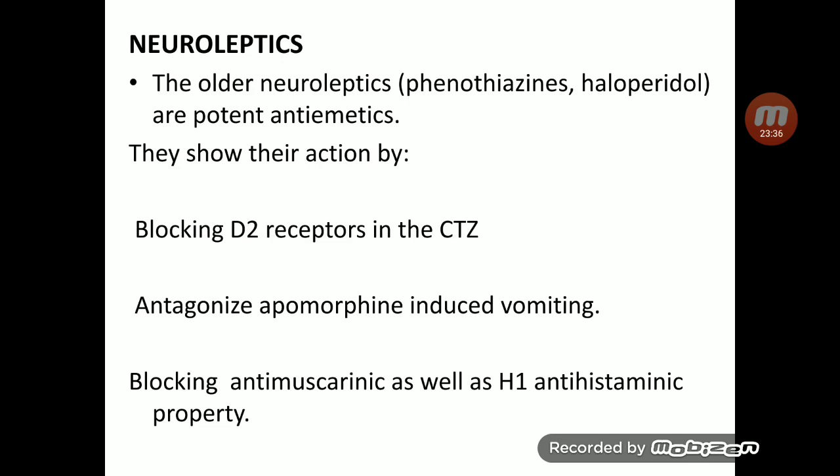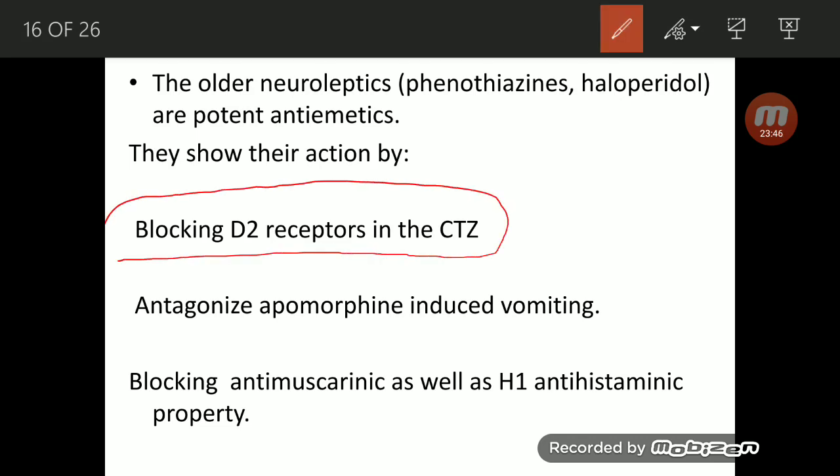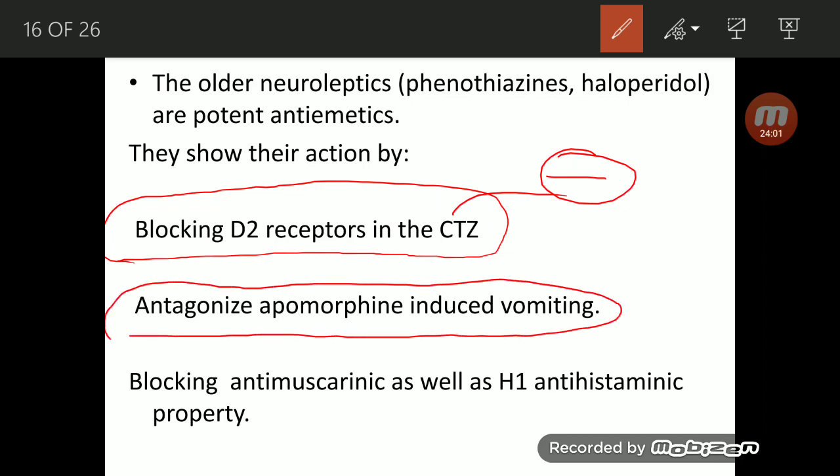Basically these drugs show their action by blocking your D2 receptors in the chemoreceptor trigger zone, as well as antagonizing apomorphine induced vomiting.